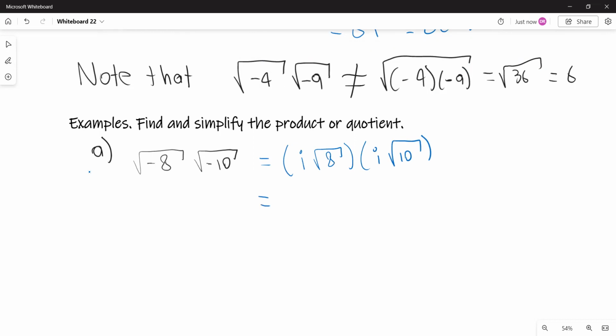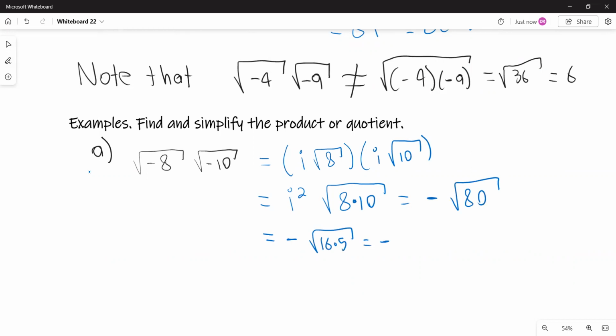Okay, so the product of the i's is going to be i squared. So this is i squared times the square root of 8 times 10, or -1 times the square root of 80. And the square root of 80, we can do something about that. This is 16 times 5.